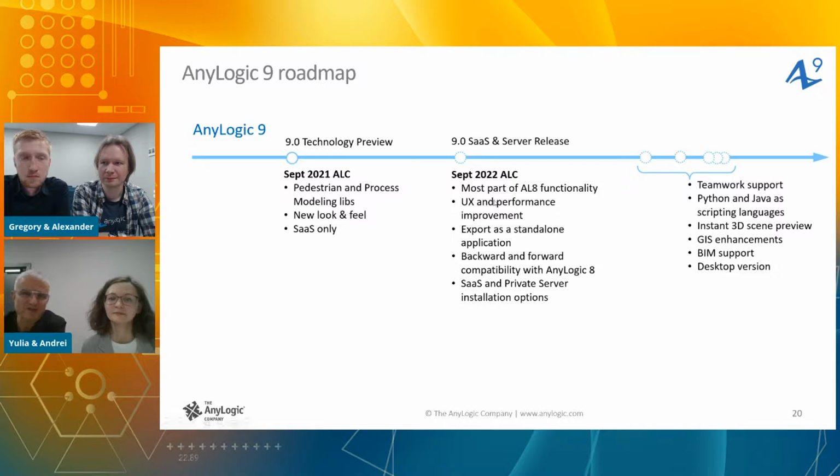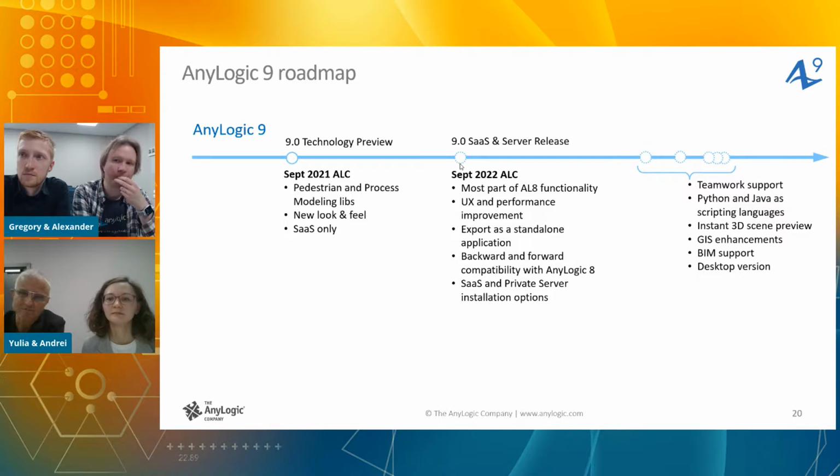Now, the next major point will be, hopefully, next September and the next AnyLogic Conference. We plan to release 9 in SaaS mode only in one year's time from now.